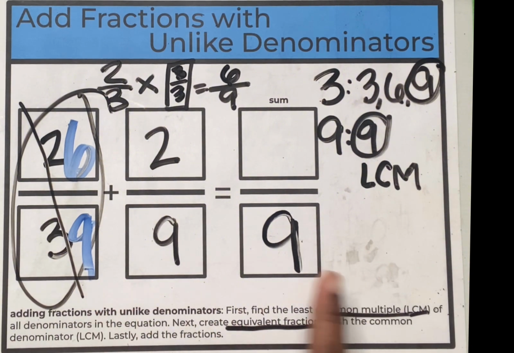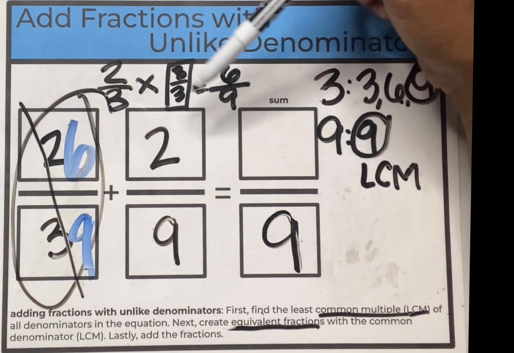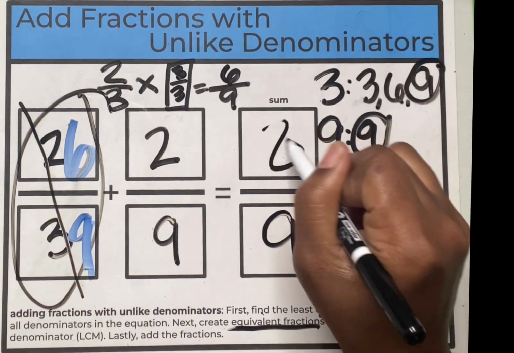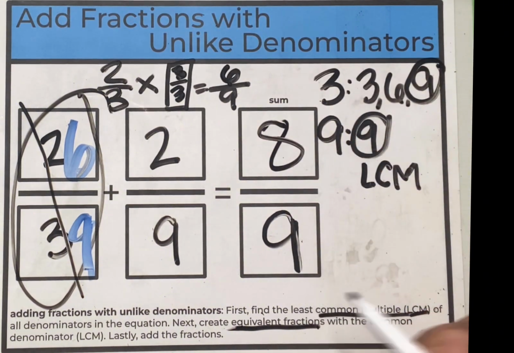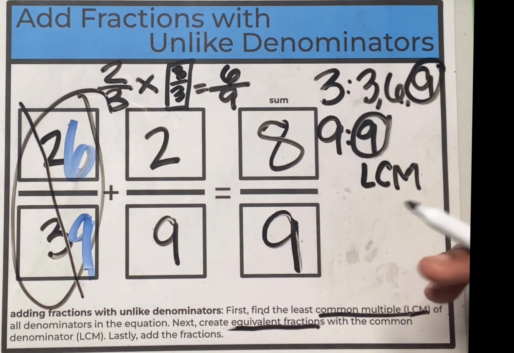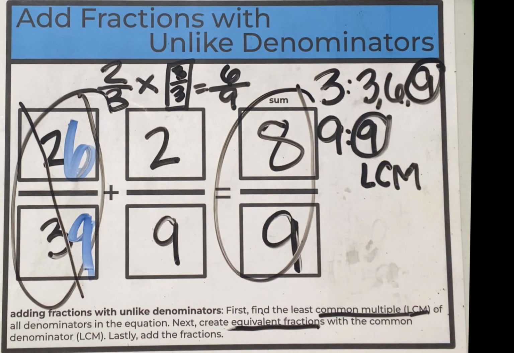Okay, we cannot change our parts. 9 parts. Now, let's add our numerators. 6 plus 2 is 8. We have 8 of 9 parts. Say you had a pie, there will be 8 of the 9 slices shaded in your pie. Okay, so we have 8/9. Great job.